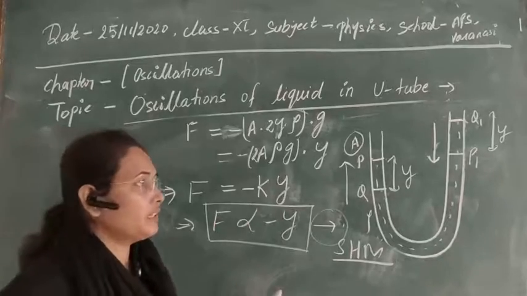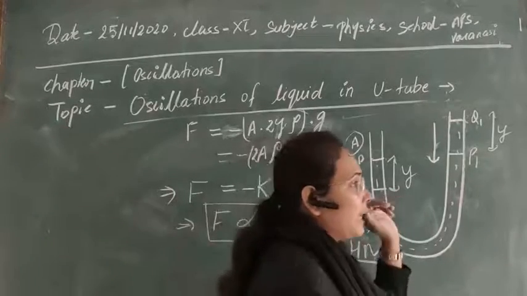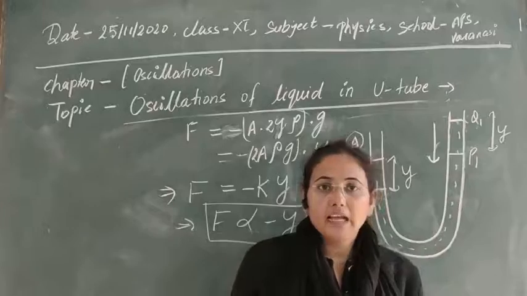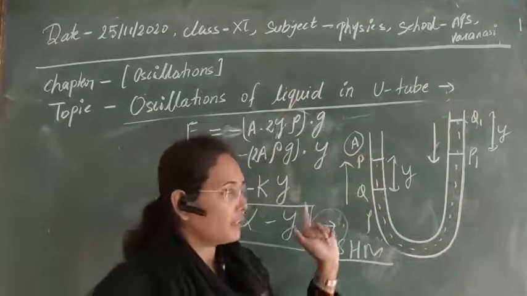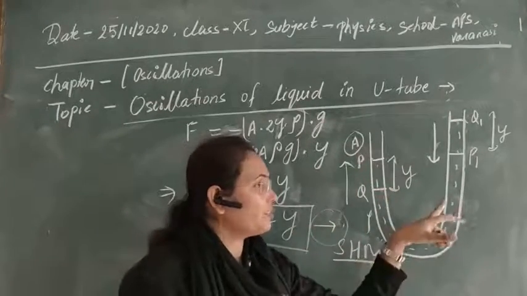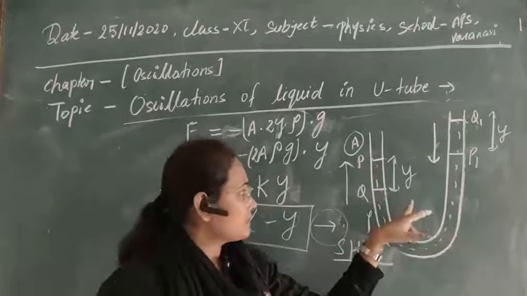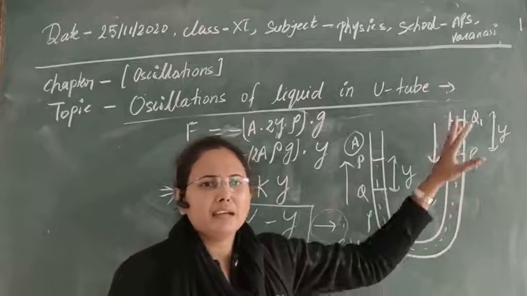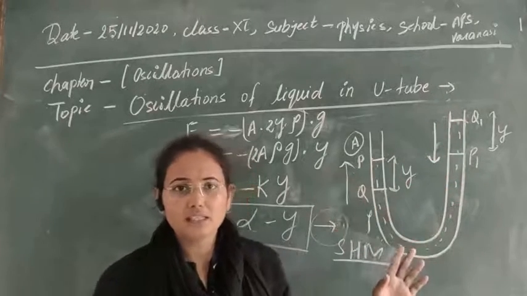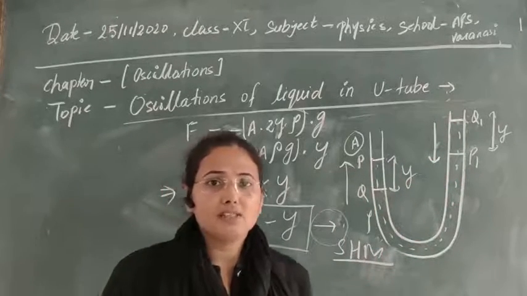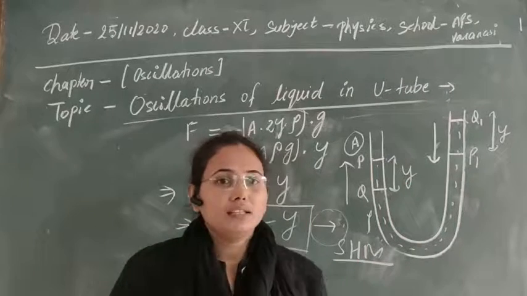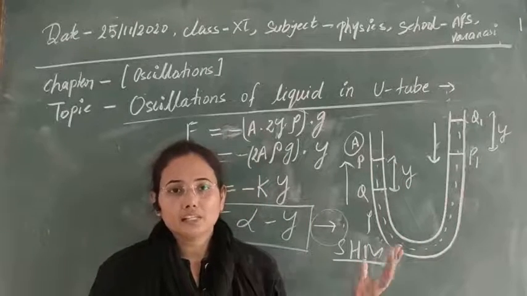Also, one more thing, in this whole section we have neglected the presence of any other medium. We are taking only two things: first is the U2, second is the liquid that is filled in this U2, and its density is rho. Any other medium like air we have neglected. Since there is no other medium, there is no resisting or dissipating force.